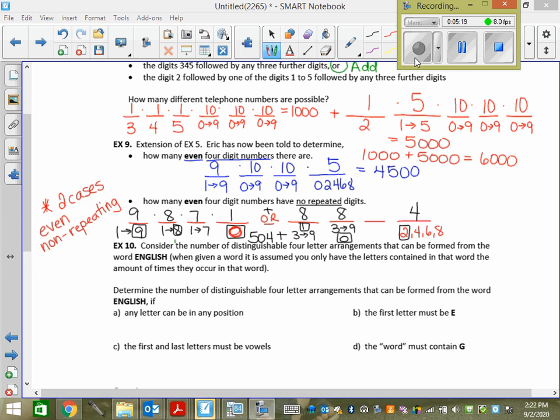Box our 0, we have 3 to 9, which is 7. What's 8 times 8 times 7 times 4? 1792. So we're going to go 504 plus 1792.